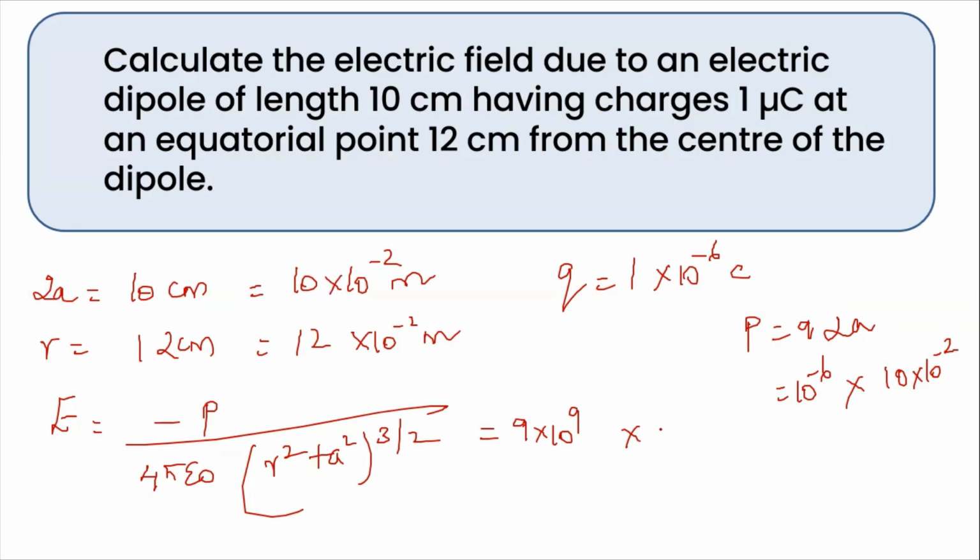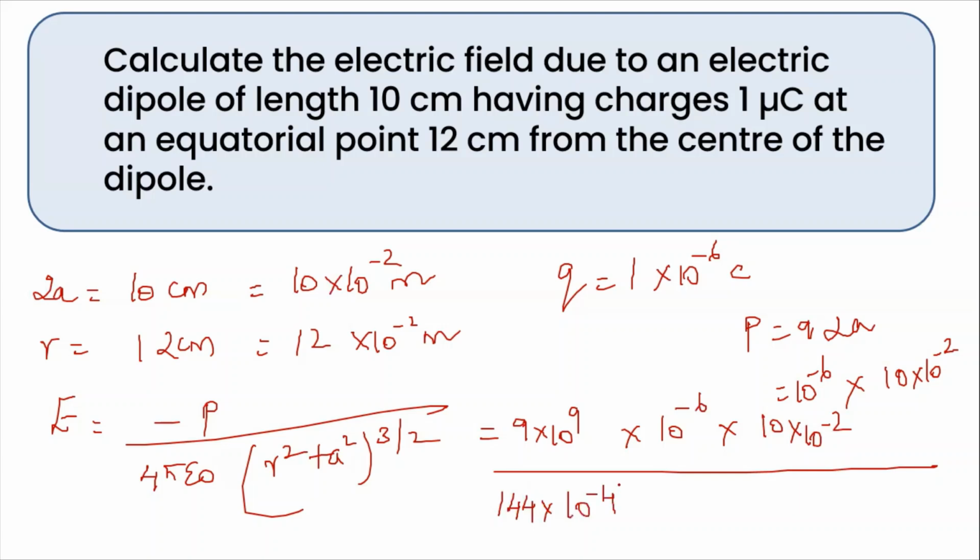So this will go on like this: 10 power minus 6 into 10 into 10 power minus 2, divided by, what is your R square value? R is 12 into 10 power minus 2, right? So R square will be 144 into 10 power minus 4, plus A square. 2A is 10 centimeters, so A will be 5 centimeters, so 5 into 10 power minus 2.